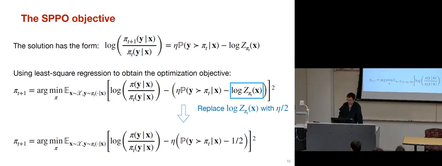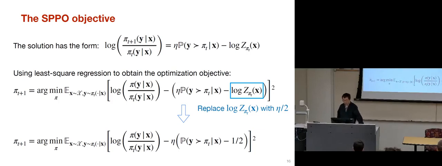Then the remaining question is that this log partition term is not easy to compute. So what should we do? Suppose this optimization problem converges, which means pi t plus 1 will equal pi t. In this case, the quantity inside the log equals 1, and log 1 equals 0. At the same time, if y is sampled from pi t plus 1, then this pairwise comparison probability will equal 1/2.